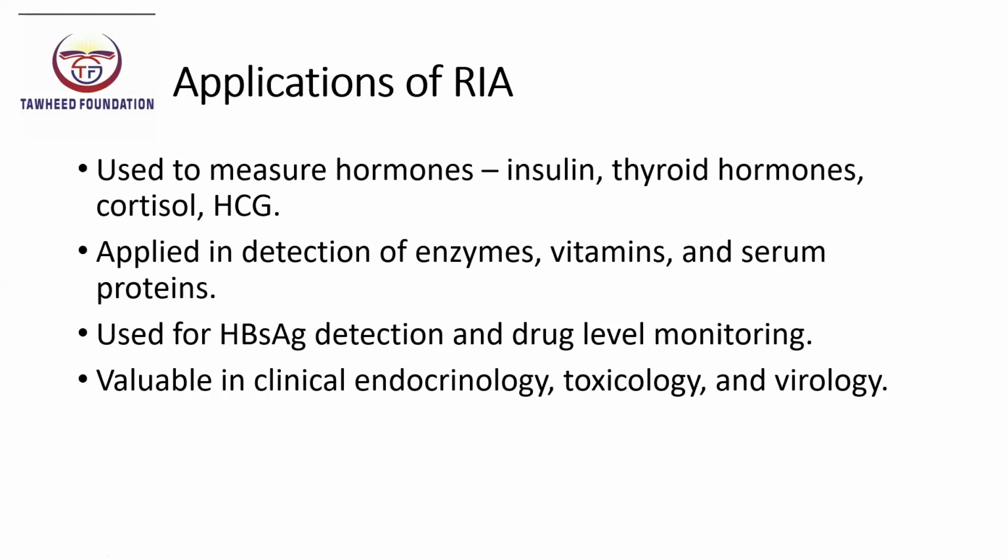Beyond hormones, RIA is applied in the detection and quantification of enzymes, vitamins, and serum proteins, providing valuable insights into nutritional, metabolic, and pathological conditions. One of its significant clinical uses includes the detection of hepatitis B surface antigen, that is HBsAg, an important marker for hepatitis B infection, and drug level monitoring for therapeutic and toxicological studies.